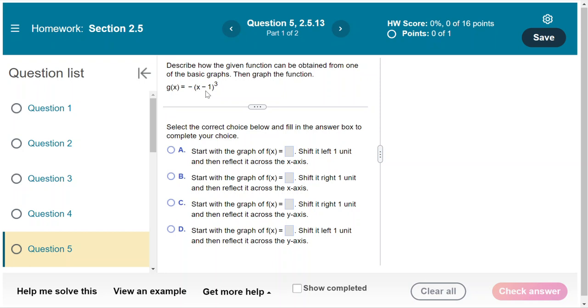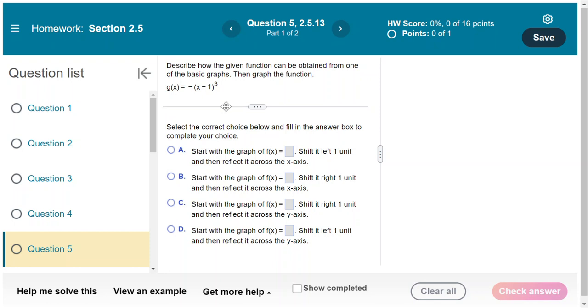And this minus 1 here is going to cause a horizontal shift because the minus 1 is inside with the x. It's part of what's being cubed. It causes a horizontal shift. And horizontal shifts work backwards. Now I would think I would go left 1 with the graph, but I actually go right 1.